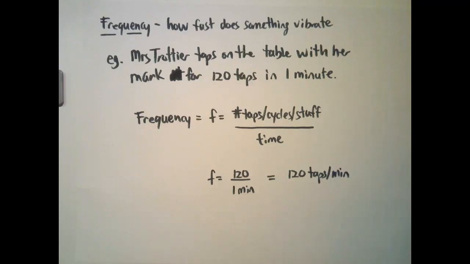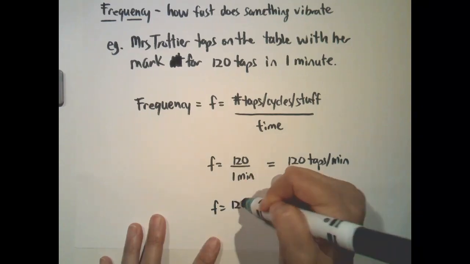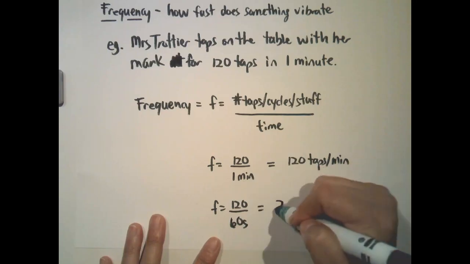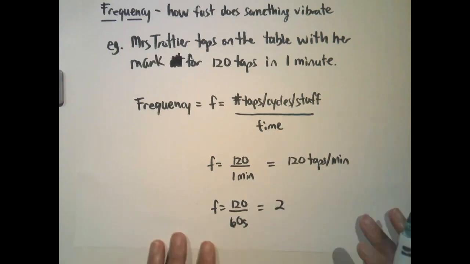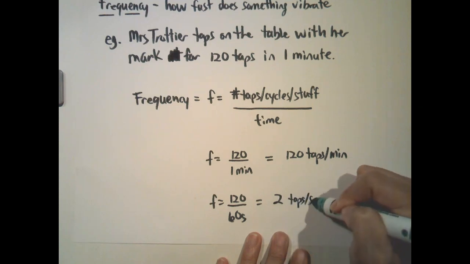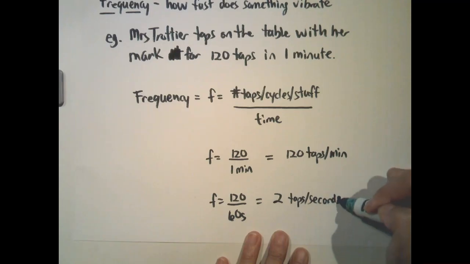But let's say you want to do it in seconds. So we can also do 120 divided by 60 seconds, and that will give me 2 taps per second.